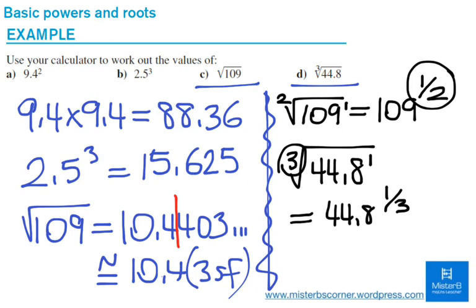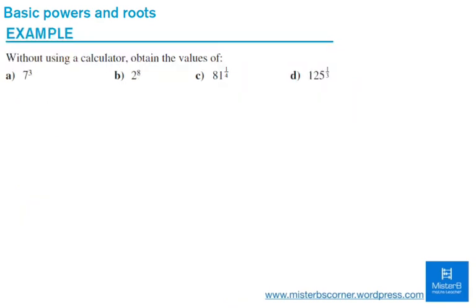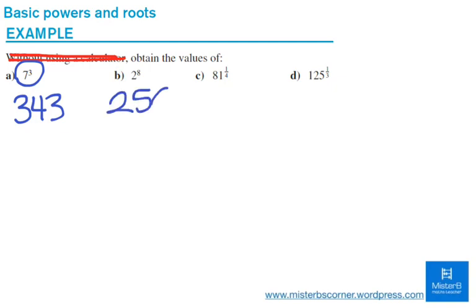Let's see another example. The question says, without using a calculator, but just because our IGCSE exams are with a calculator, we can use a calculator. So basically, the first question would be 343 when you key this expression in your calculator, and the second one will be 256. Now for the third one, you can just key in using the x to the power of square button.